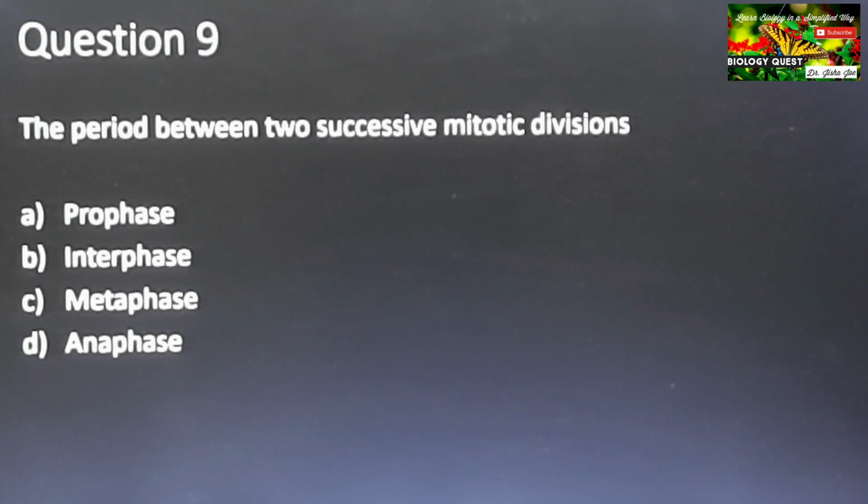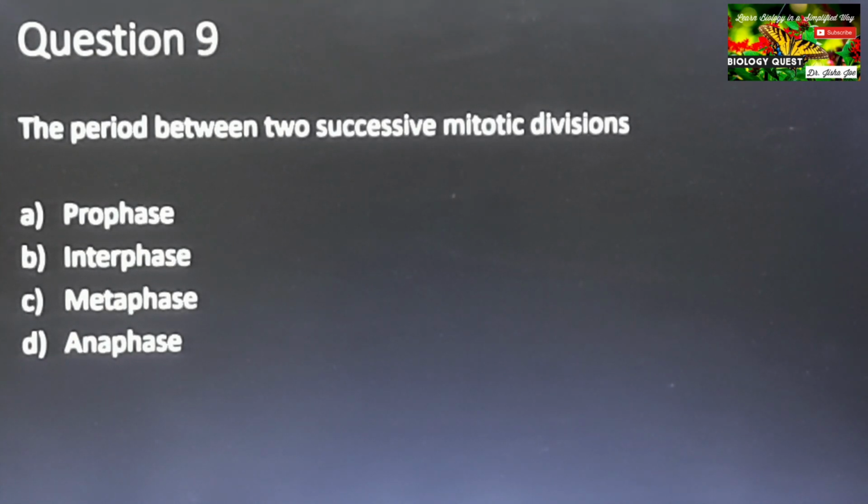Question 9. The period between 2 successive mitotic divisions. Options are prophase, interphase, metaphase, anaphase. The different phases of mitosis, we know, are prophase, metaphase, anaphase and telophase.